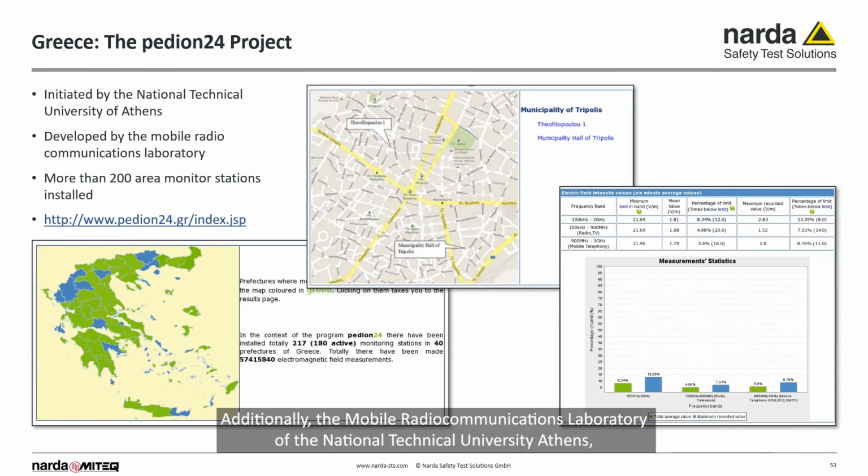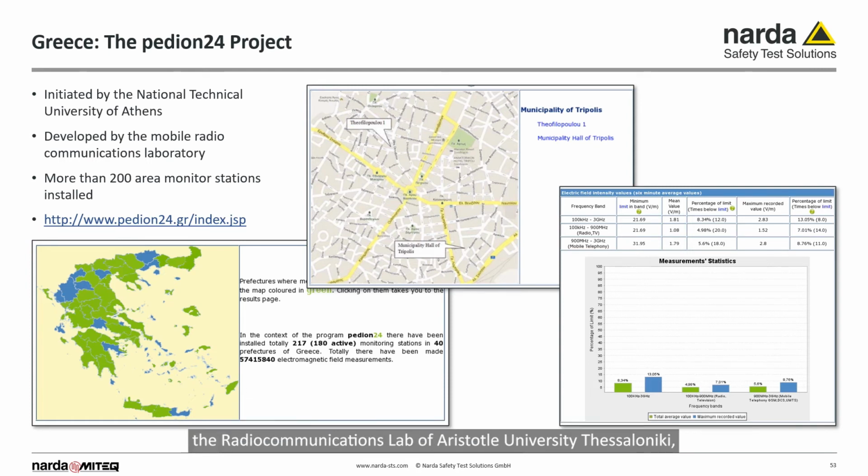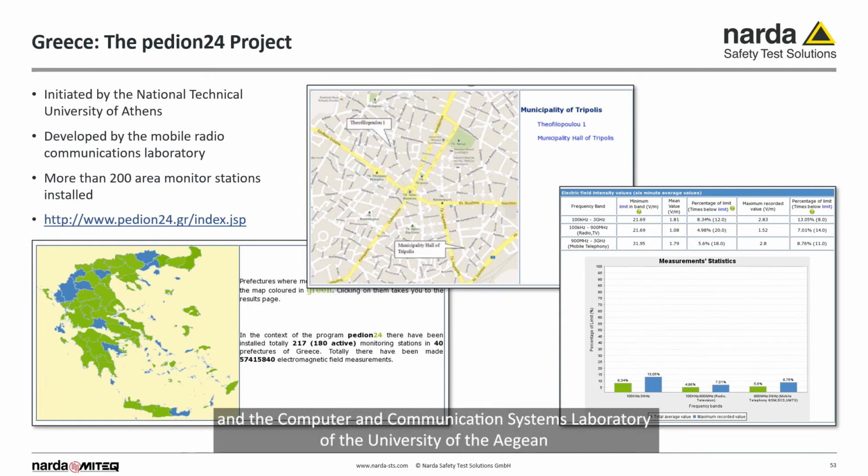Additionally, the Mobile Radio Communications Laboratory of the National Technical University Athens, the Radio Communications Lab of Aristotle University Thessaloniki, and the Computer and Communication System Lab of the University of the Aegean operate a network that measures and displays the non-ionizing radiation at further locations.